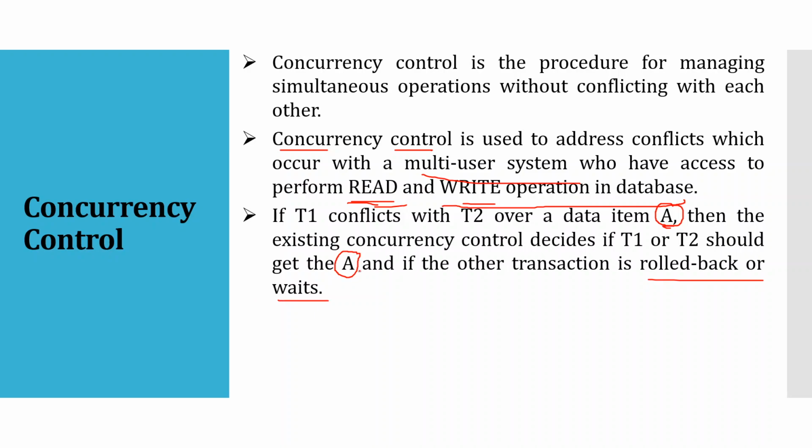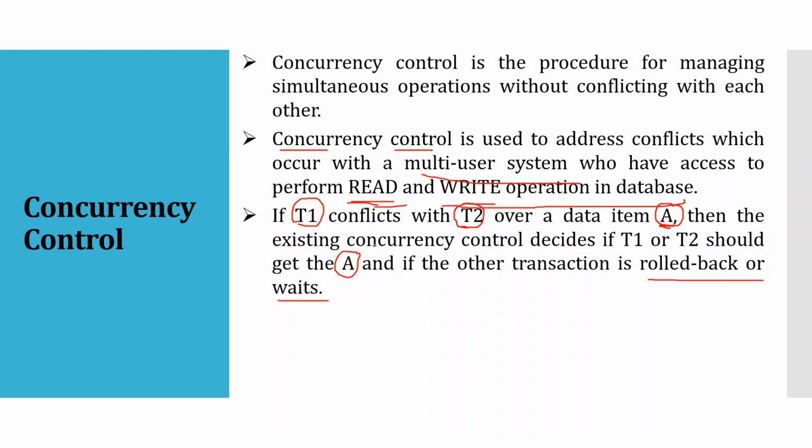That means if T1 and T2 both want to access this data item A, then concurrency control will decide to whom we should give the permission for accessing it and whom should be asked to wait for some time. So that is what concurrency control will do. One will be asked to wait and the other will be asked to access and perform its operation.